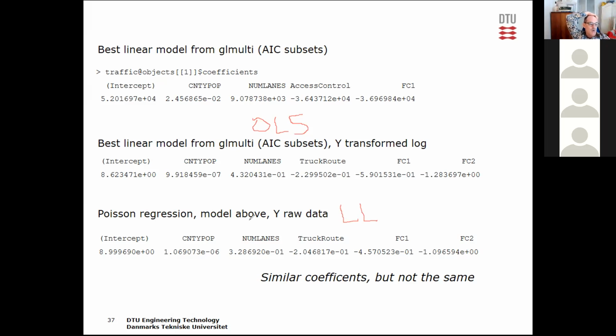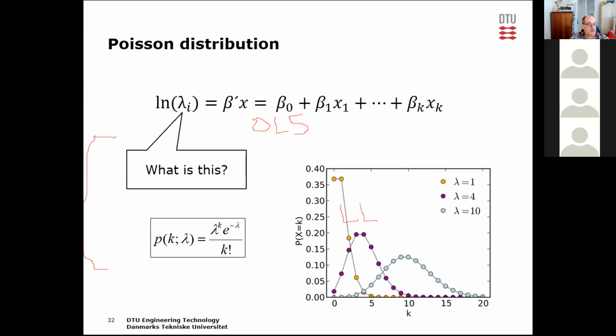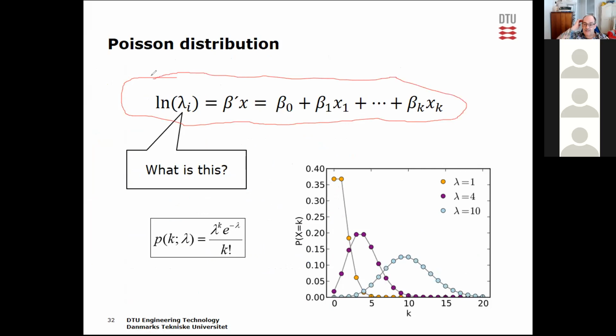So even though both of these bottom ones are based on this same idea of what the function looks like, they get different results because the way in which they find the values of these beta is different.